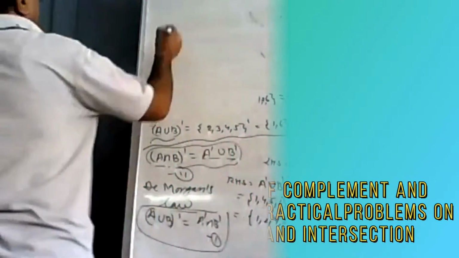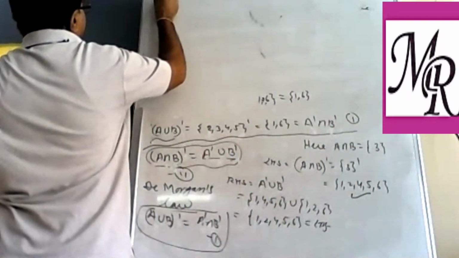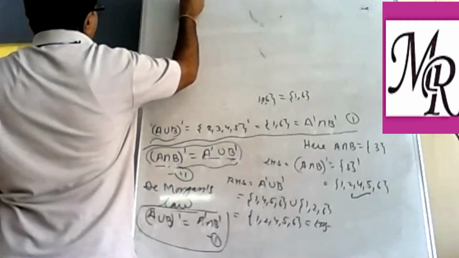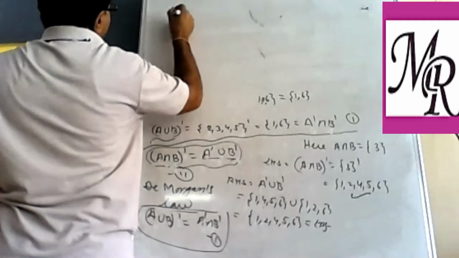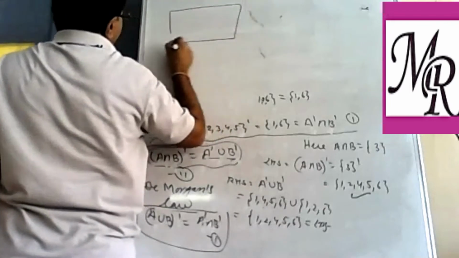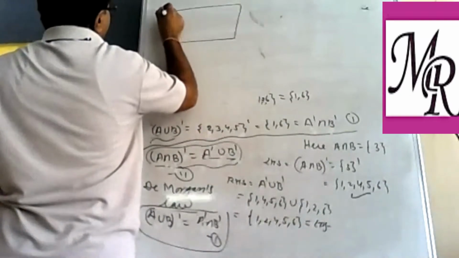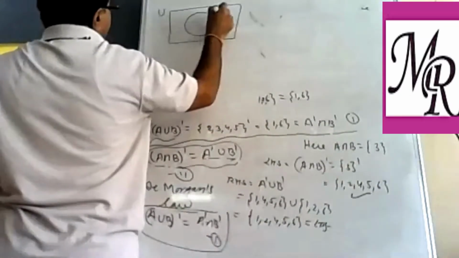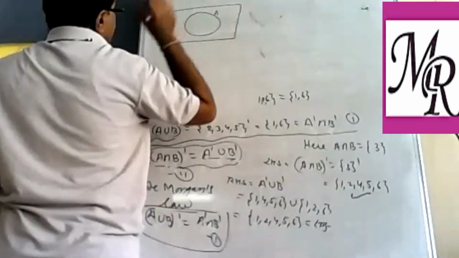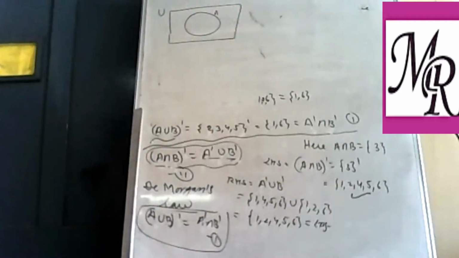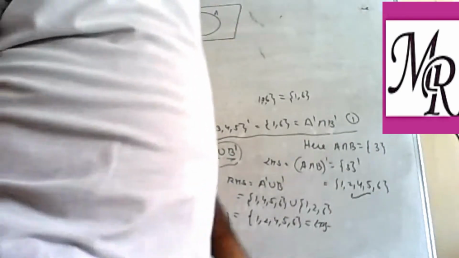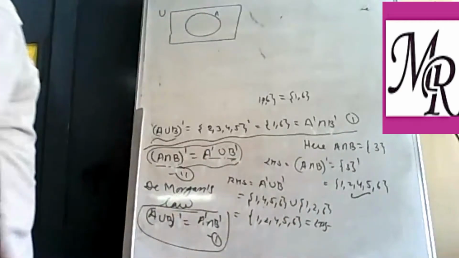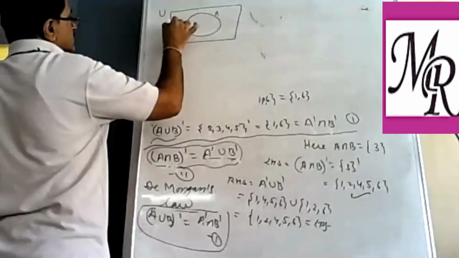With the help of a Venn diagram, A complement equals U minus A. Suppose this is U and we have its subset A. Now the complement will be all portions of U which are not included in A. So this is the complement.